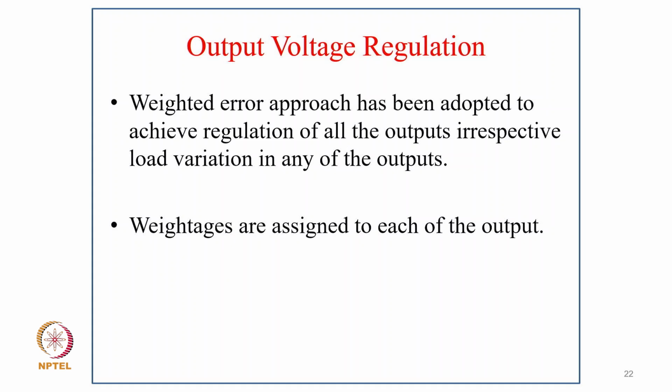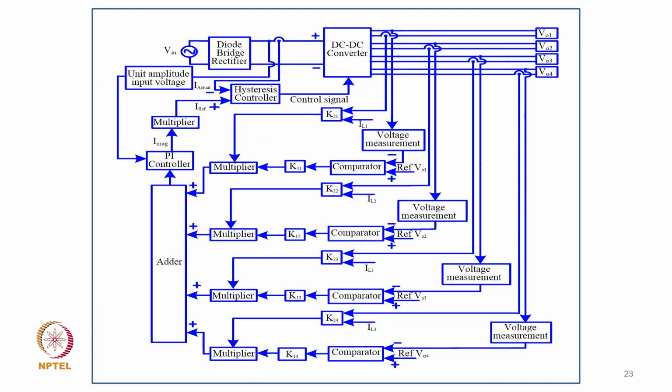Apart from that, we have to regulate the output voltage. So a weighted error approach has been adopted to achieve regulation of all outputs irrespective of load variation in any of the outputs, and the weightage is assigned to each output, in many cases of power supply. So these are the modifications we do. We have an input supply with a diode rectifier with filter, and then we have a DC-DC converter with multiple outputs.